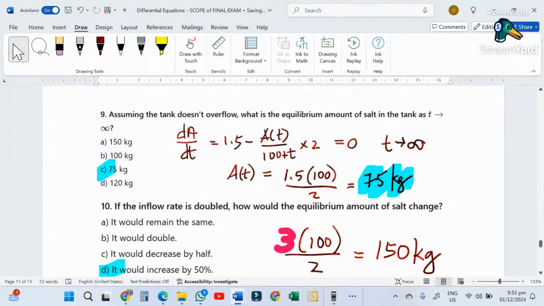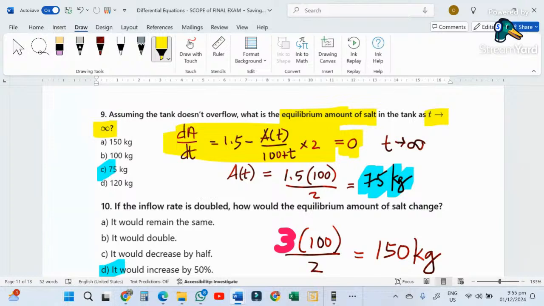Now, assuming that the tank doesn't overflow, what is the equilibrium amount of salt in the tank as t approaches infinity? Equilibrium amount of salt. So you have to get the differential equation that we formulated a while ago, and then equate that to zero because you are in equilibrium.